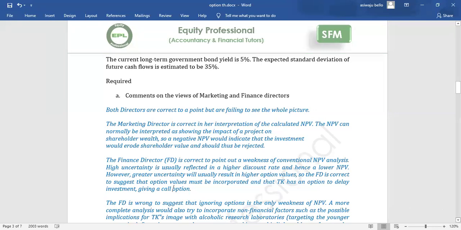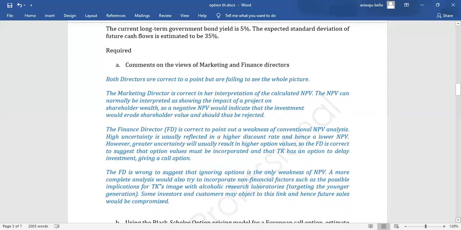If you look at the question, the company needs to consider the implication on its image, where an alcoholic beverage drink is being produced targeting the younger generation. The company also needs to look at the non-financial factors.